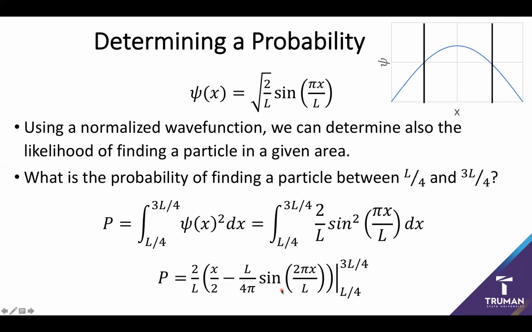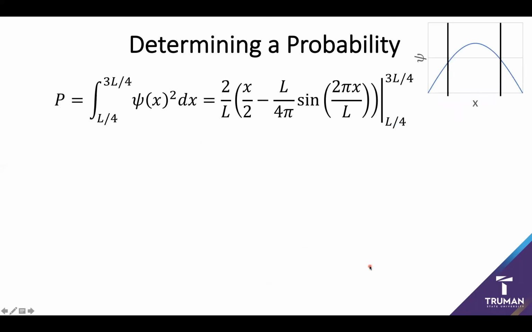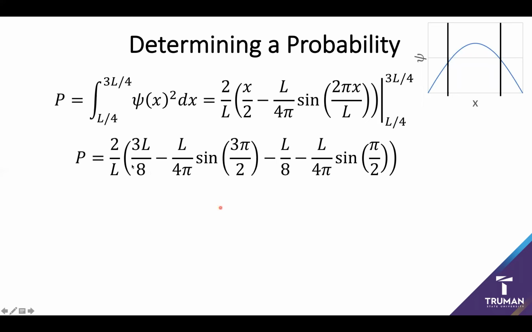But here's the problem: this is the general indefinite solution, and we still need to figure out what the solution is under the bounds of L over 4 and 3L over 4. So we can then apply these bounds. We put in 3L over 4, and then we subtract out the same expression with L over 4.